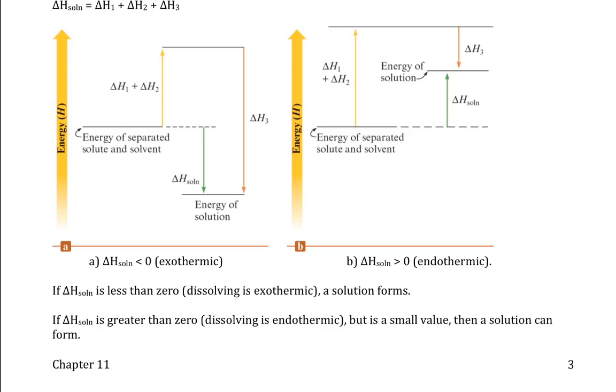So, summarizing, if delta H of the solution is less than 0, that is, the dissolving is exothermic, then a solution forms, that mixing happens. If delta H of the solution is greater than 0, then the dissolving is endothermic, but if it is a small value, then a solution can form because there's enough energy in the surroundings to supply that small value.